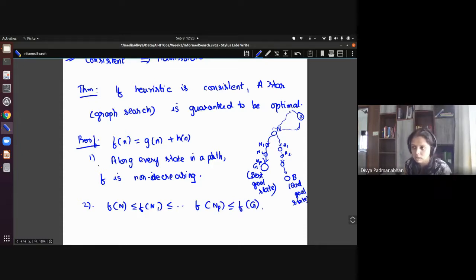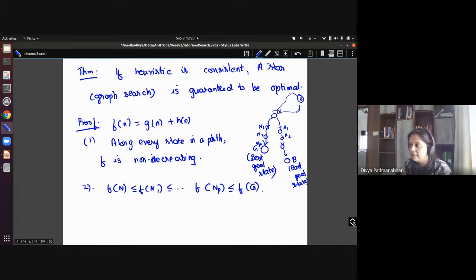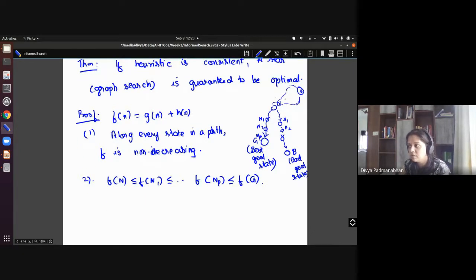This is true from the first property. And also, if you apply the same thing for this other path, you'll get f of n is less than f of a1 and less than f of a2, and so on up to f of, let me call it am, because there are m nodes here.